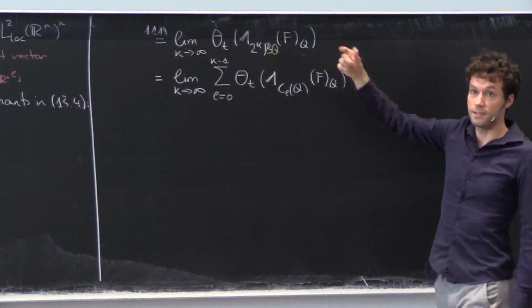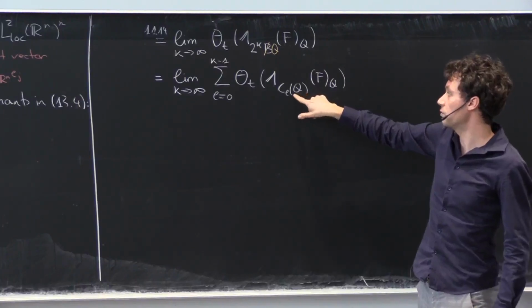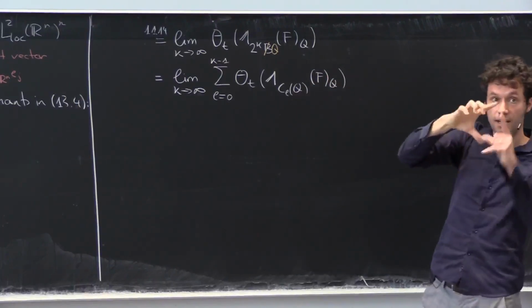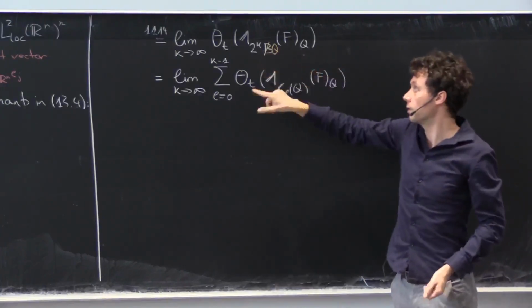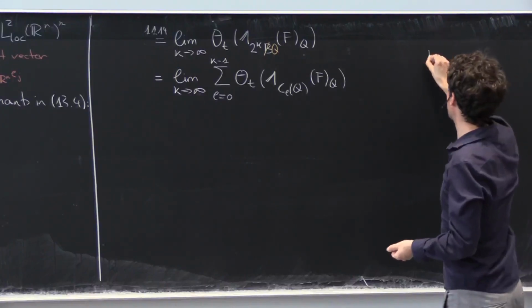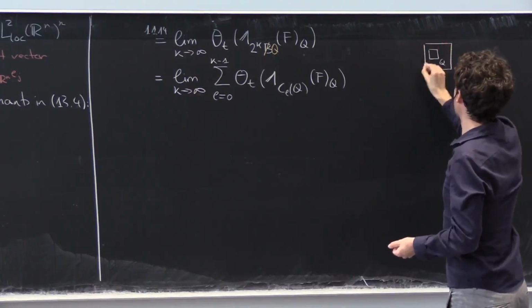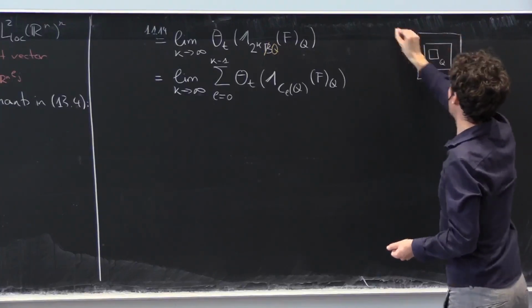Because this is the region where you're between q times 2 to the l plus 1 and q times 2 to the l. So you stack up these annuli. It's going to be a ball, and the ball is going to be 2 to the k. Okay, so the drawing is like this. You have your little q, and then you do this annuli decomposition, and so on and so forth.